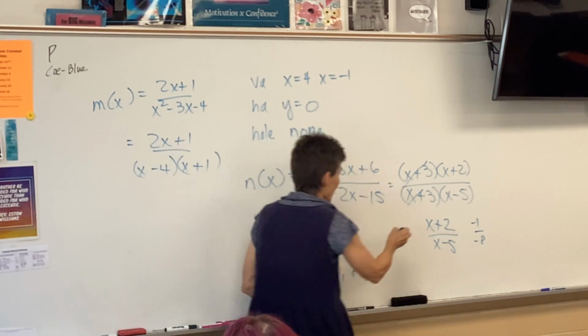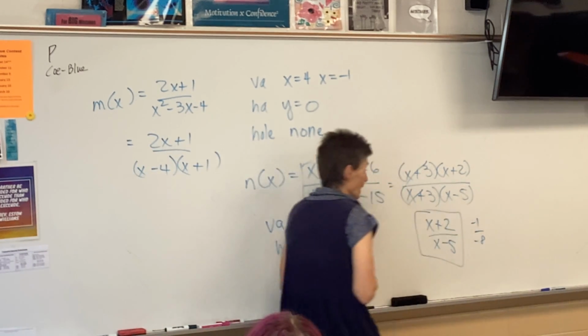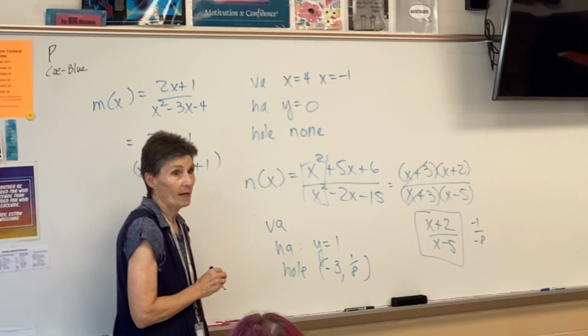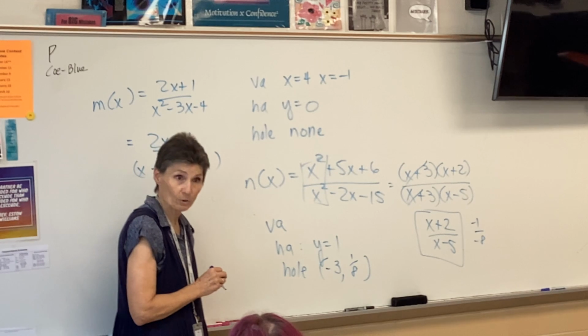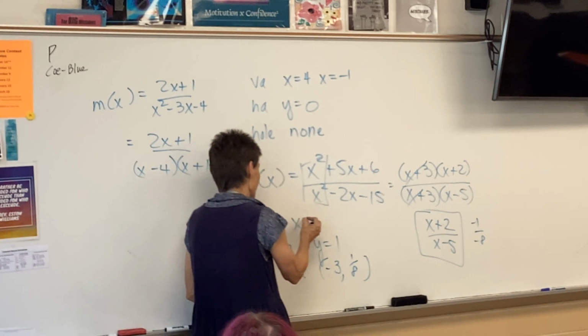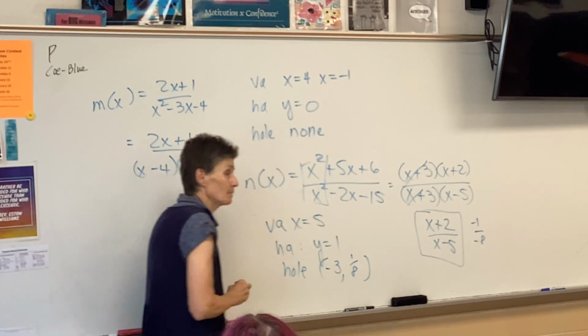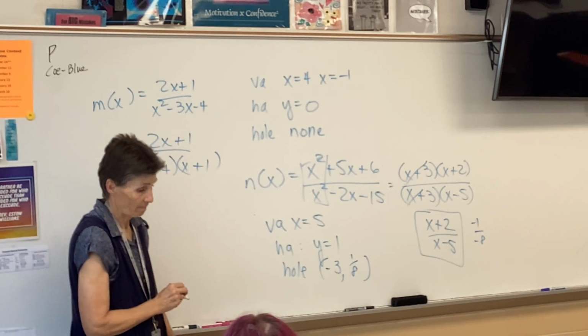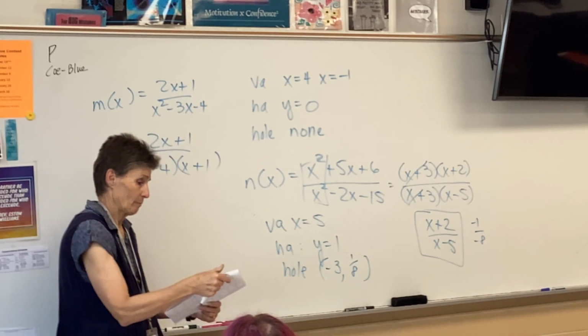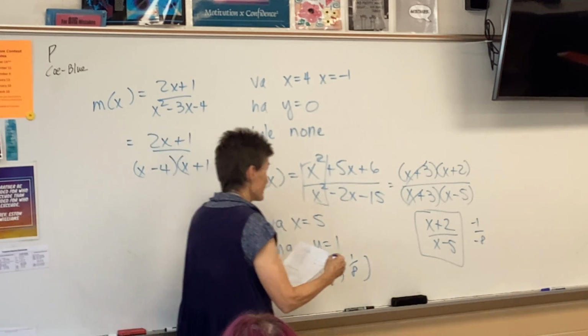Now this is what I have left when I cancel. Do I still have a denominator? I do. So I still have a vertical asymptote, and it will be x equals 5. Here we go. One more, just like it.